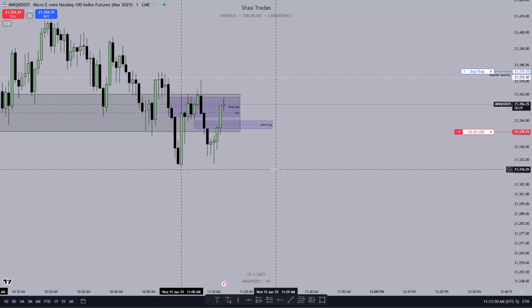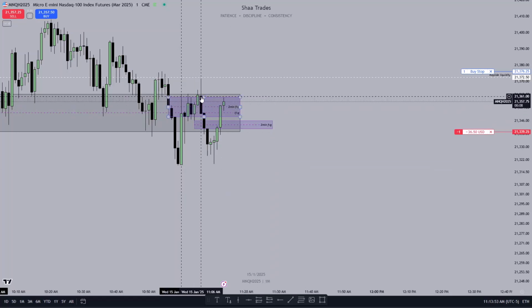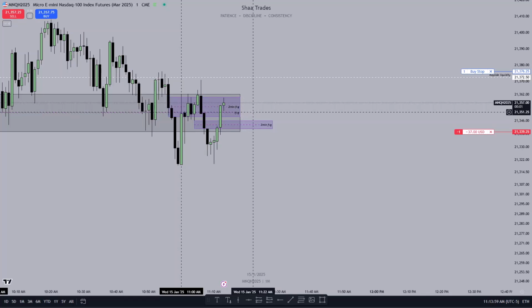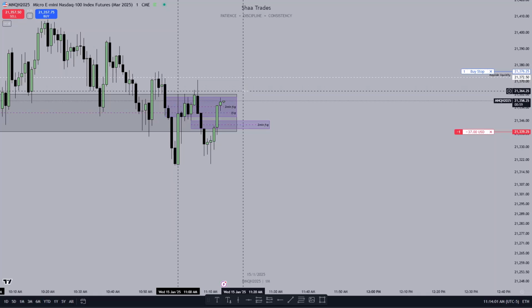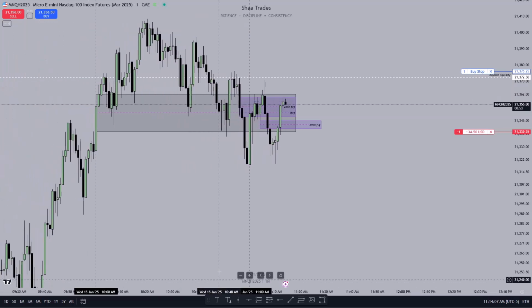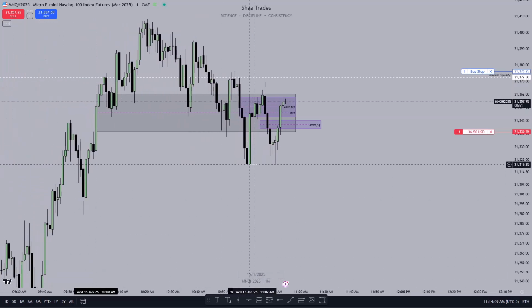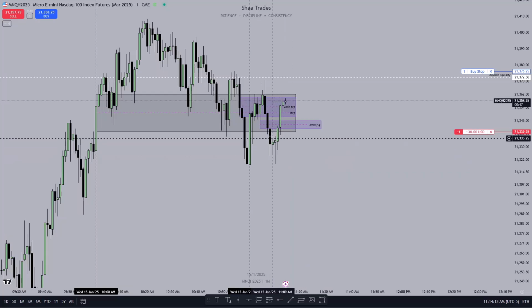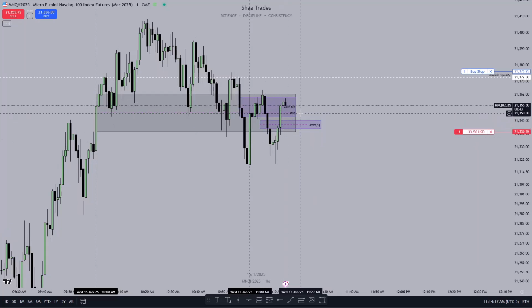This is one order block there. Price should respect this here and go lower, but it's moving a bit heavy. Let's see what price is doing. Now it's closing below that.